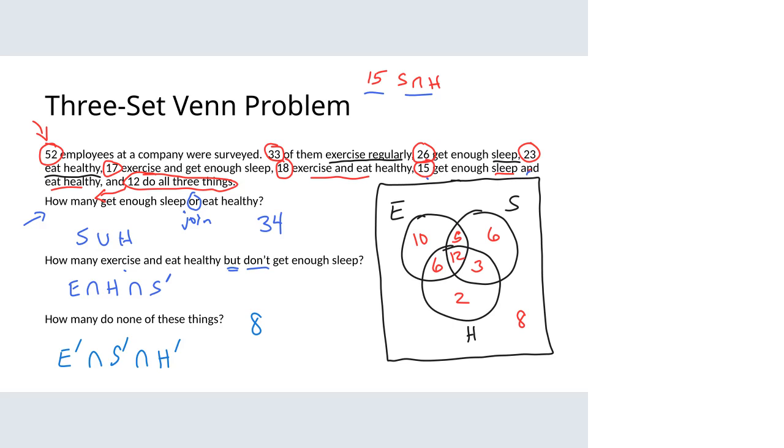Depends on how you want to write it. If you do none of the things, you have to do this and this and this. So we definitely want to make sure we're using intersection.